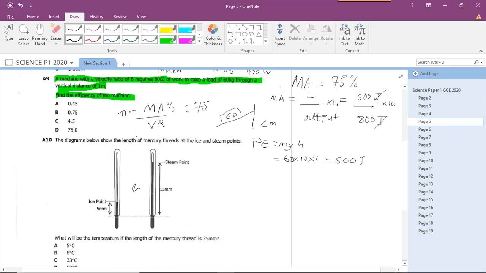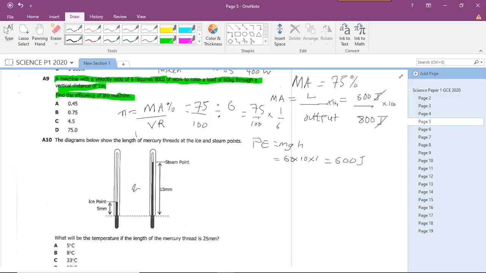So we substitute it into this equation. By the way, a percentage is a number divided by 100, so this 75% is 75 over 100, divided by our velocity ratio, which is 6. Oh, what am I doing?